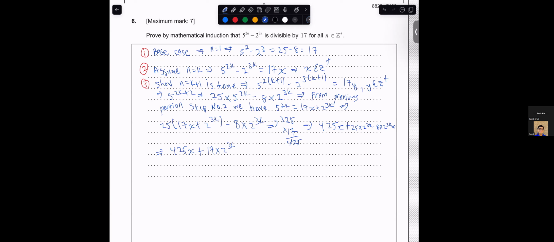Now what do we want to show from this? We have to show that this will be equal to 17y, essentially.